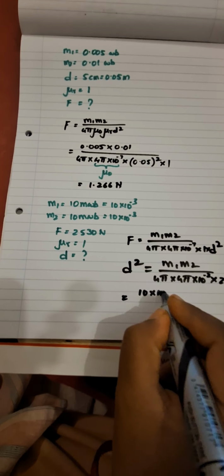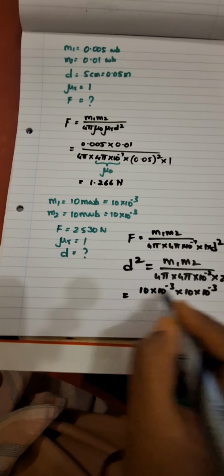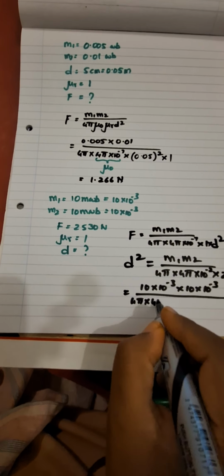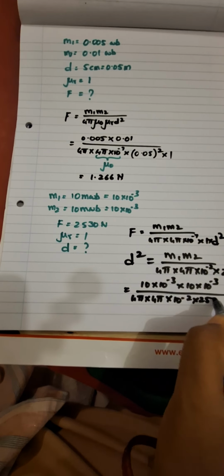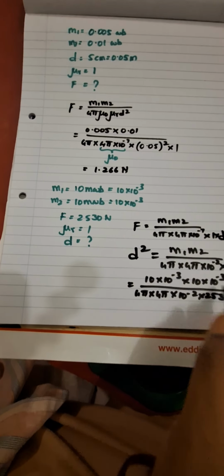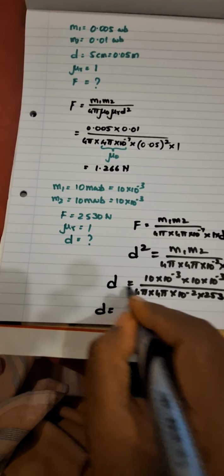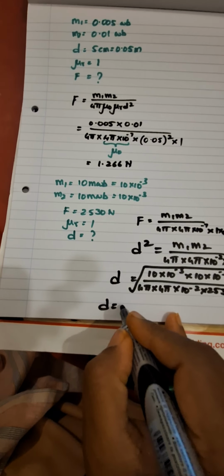What is force? 2530. What is m1 m2? 10 into 10 power minus 3 multiplied by 10 into 10 power minus 3, divided by 4 pi multiplied by 10 power minus 2 multiplied by 2530. Find this answer. Because it is d square, d should be the square root of it.